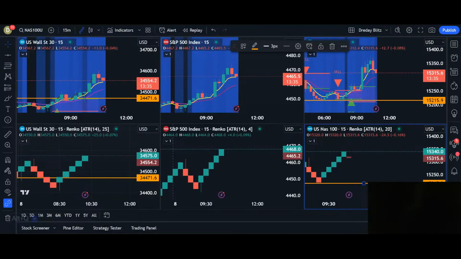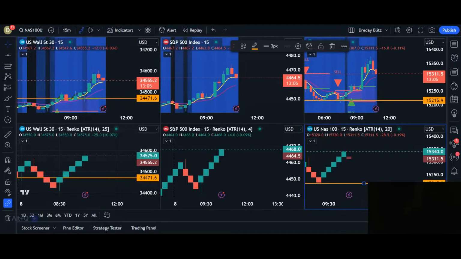You can maybe close out some profit here on the move, and you let the rest ride. But for now, it seems that all of them are retracing a little bit.